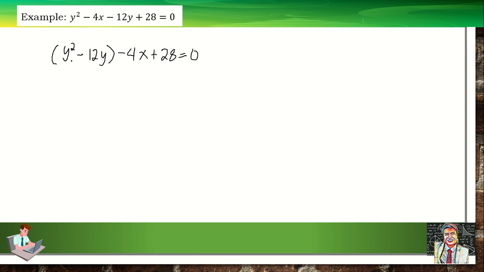Next step natin daw, step 2, move the remaining terms or the remaining to the right side of the equation. Since ito yung mga walang ka-group, i-move natin yun sa kabila. So, that will become y squared minus 12y is equal to, from negative, that will become positive 4x.